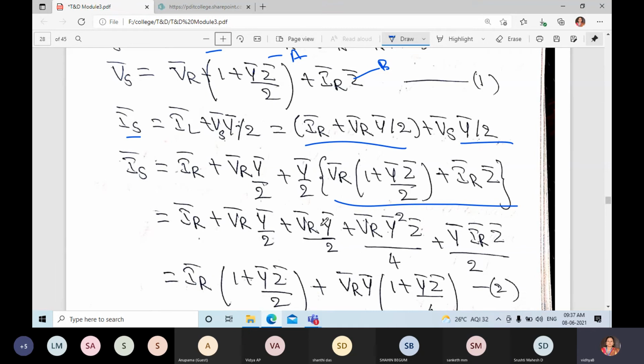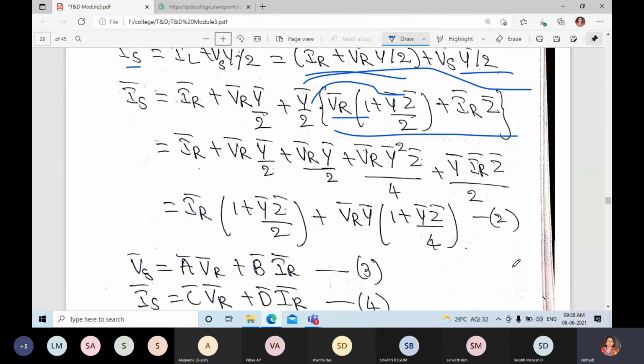So now IR plus VR Y divided by 2, multiplied with this. VR into 1 gives VR Y by 2, plus VR Y square Z divided by 4, because we multiply with this, plus again multiplying gives Y vector IR vector Z vector divided by 2.